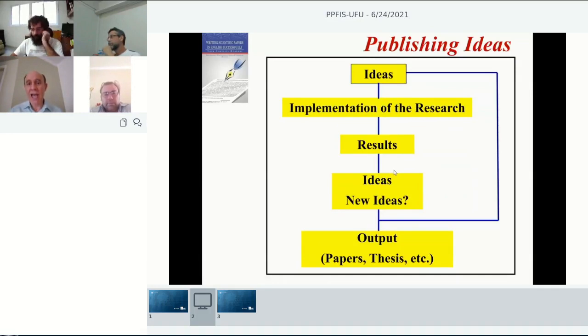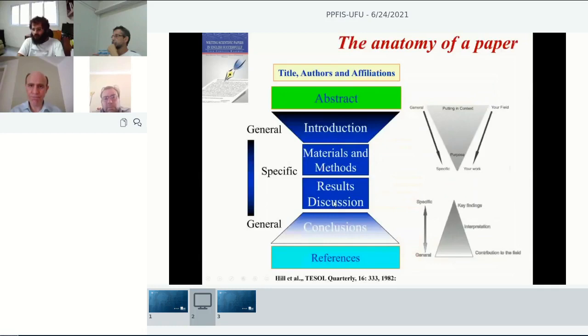So now coming to the anatomy of a paper. I'll go through this very quickly because I think most of you are familiar with this. You have title, authors and affiliation, then you have abstract. I'll come back to the abstract later on. And then you have this movement in the paper. This movement is such that in the introduction, you go from the general to the specific.